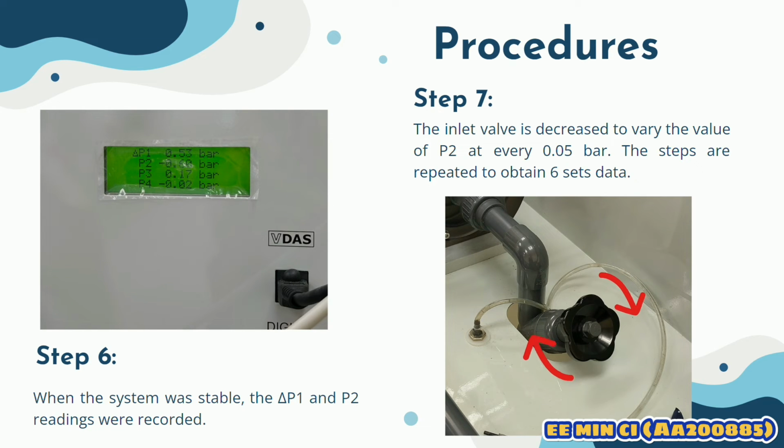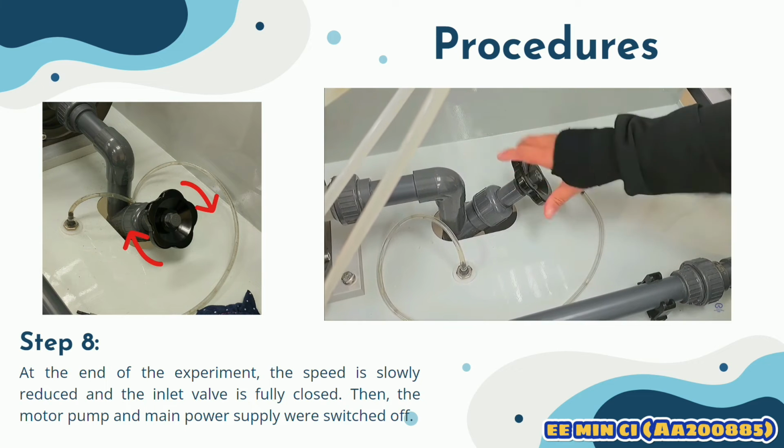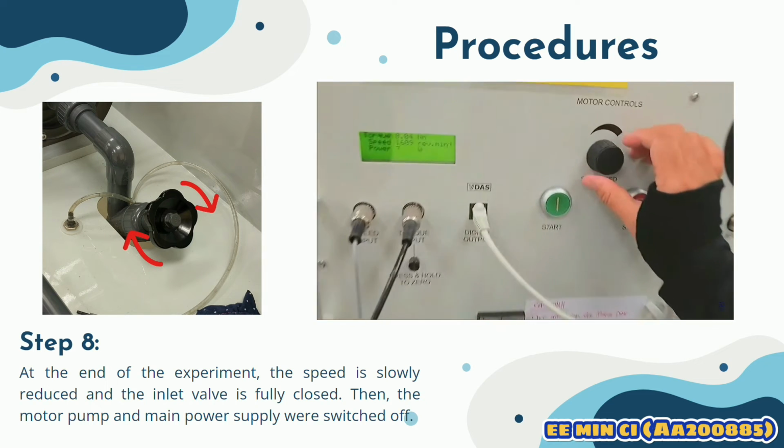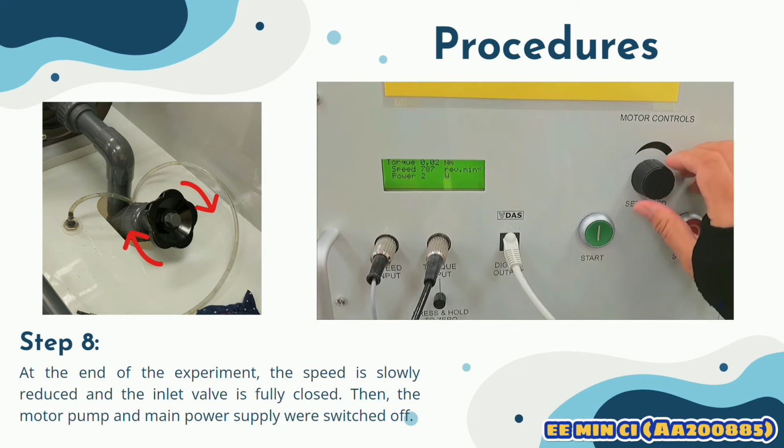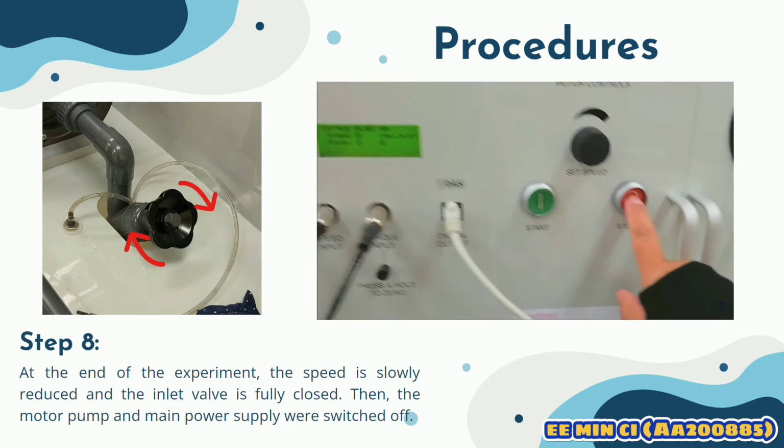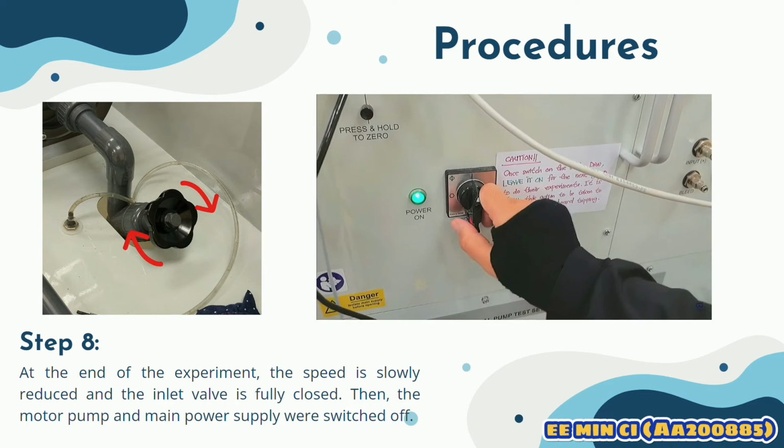For the next step, the inlet valve is decreased to vary the value of P2 at every 0.05 bar. The steps are repeated to obtain 6 sets of data. For the last step, at the end of the experiment, the speed is slowly reduced and the inlet valve is fully closed. Then the motor pump and the main power supply are switched off. That's all from me. Thank you.